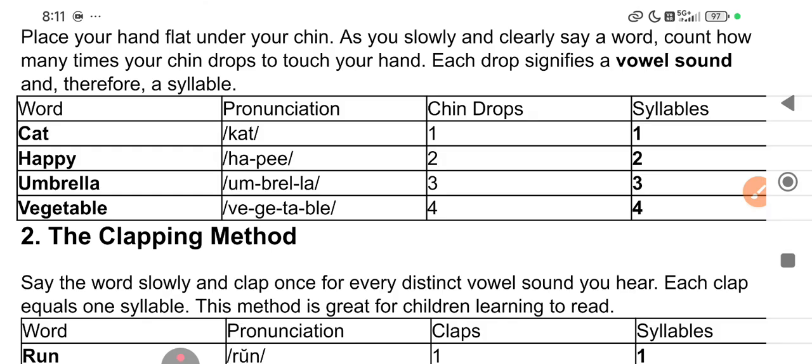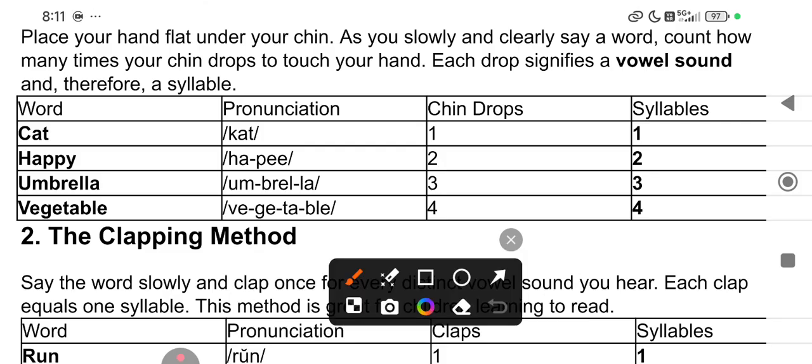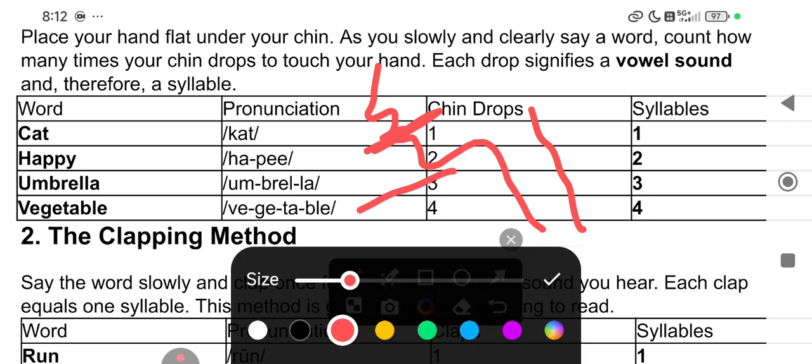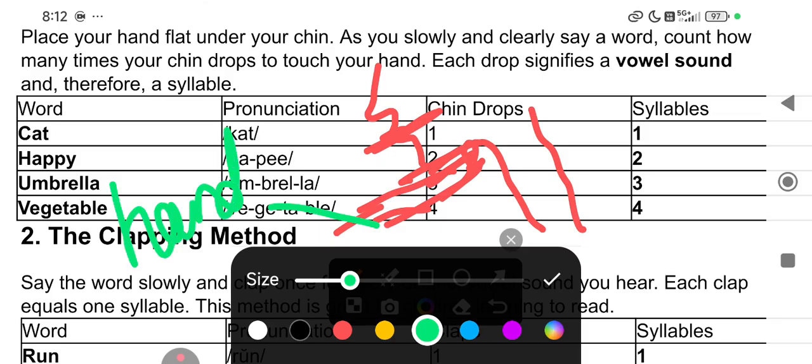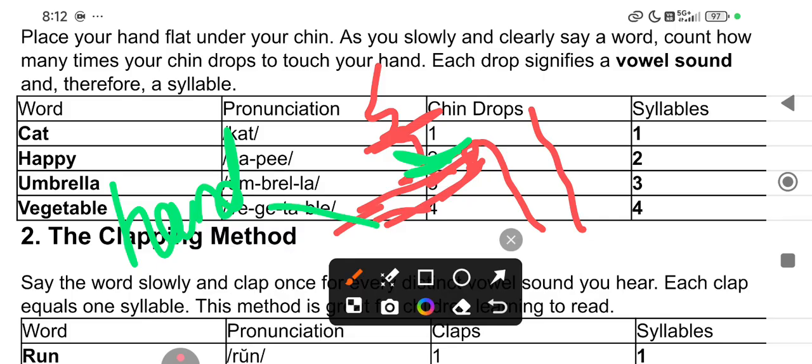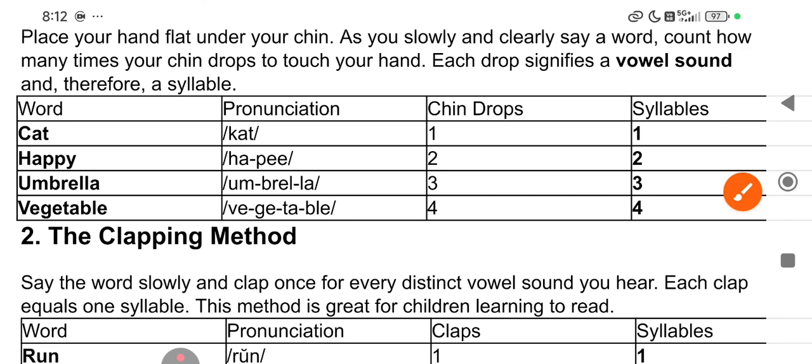Put your hand under your chin, and when you speak, your chin goes up and down, so you count how many times it drops to touch your hand.